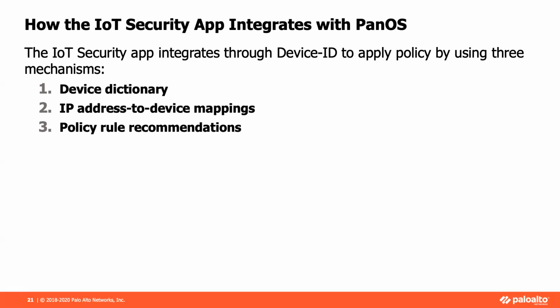If we've got a bunch of devices that are the same, we can group them together and create a single rule for that group. And it's that device dictionary that's sort of the linchpin to being able to simplify this process.